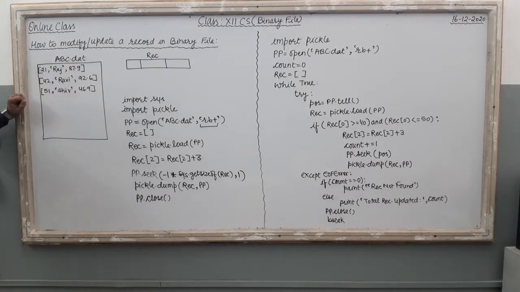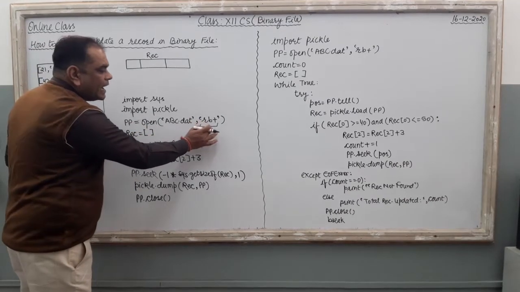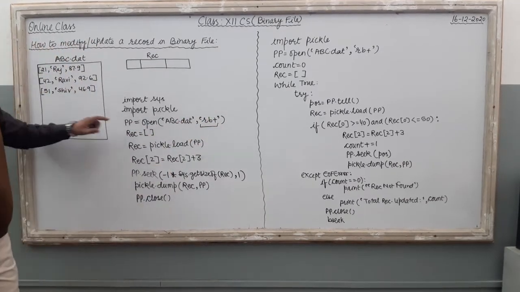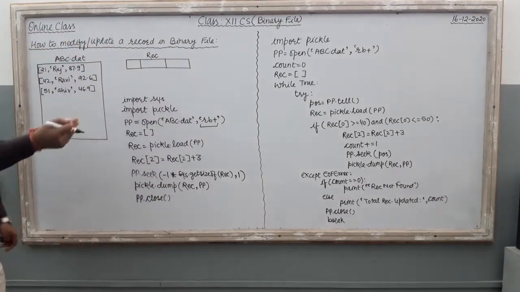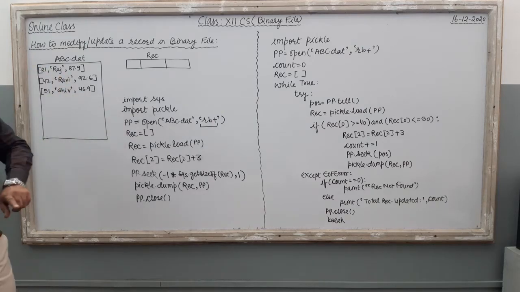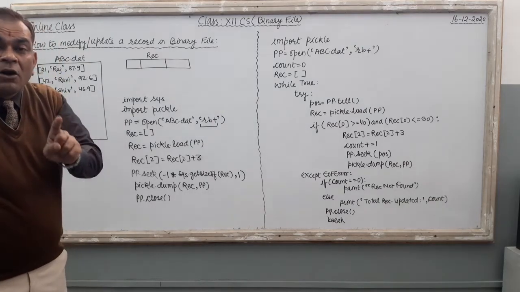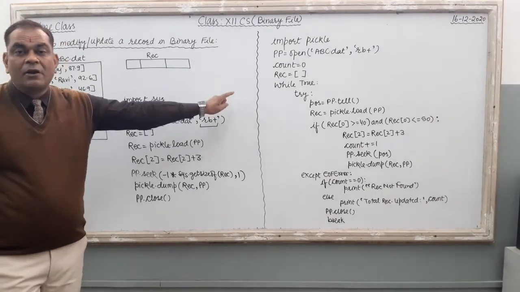Right? Now, when I open this file by using pp = open("abc.dat", "rb+"), pp is a file variable and the file is shifted inside the memory in this pp file handle. Once again I am telling you, you cannot work directly on the file that is there inside your hard disk.